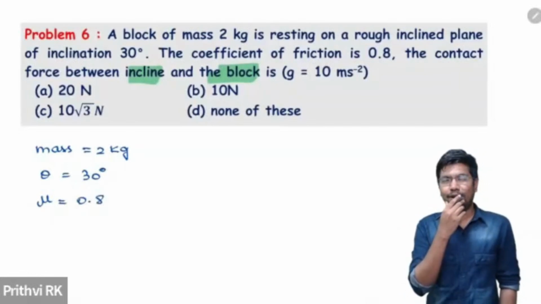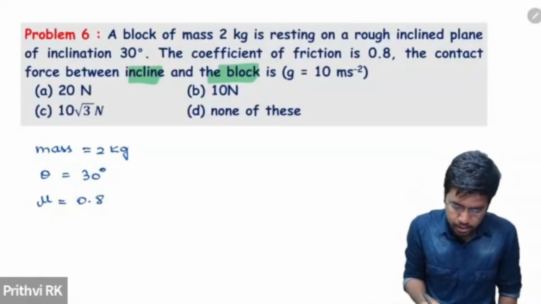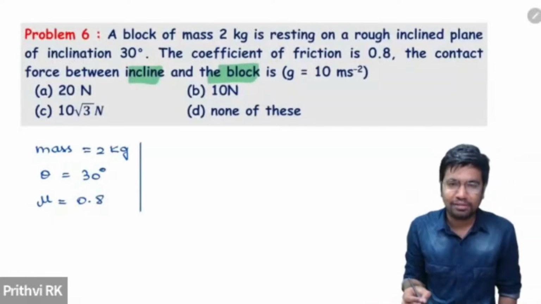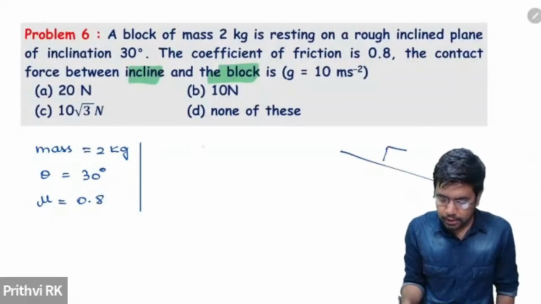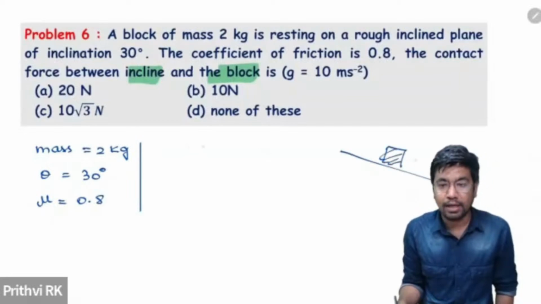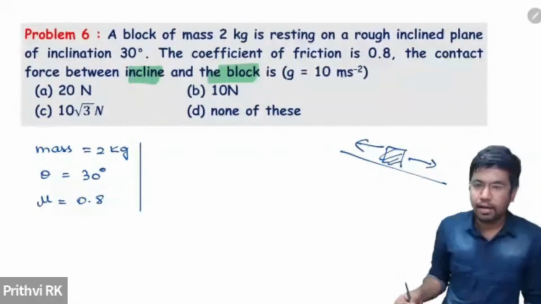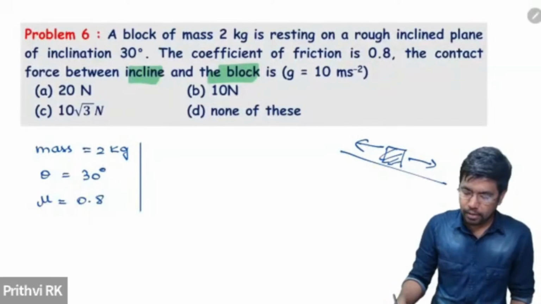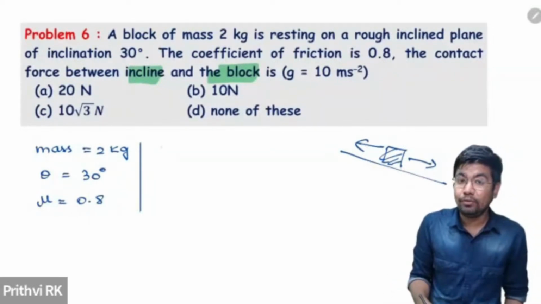Now, what is contact force, sir? This thing I want to clarify for you. We know that when there is a mass on an inclined plane, there are two forces acting on it. One is downward, the other is upward, right? So here there should be a resultant force.